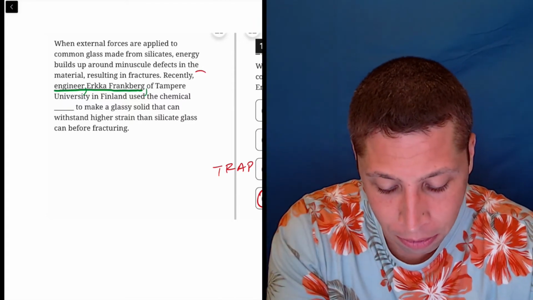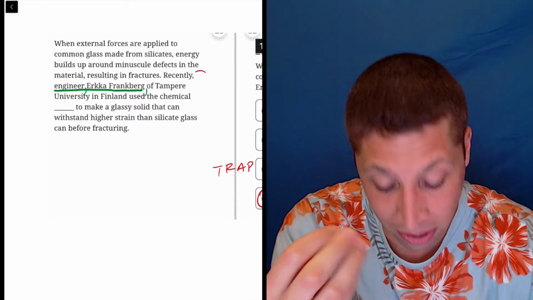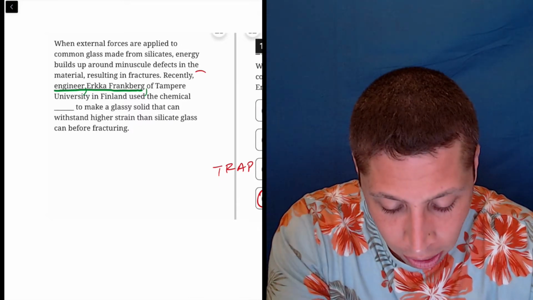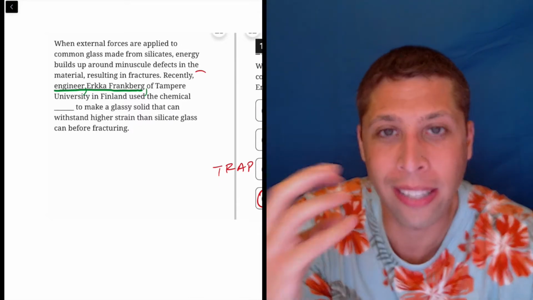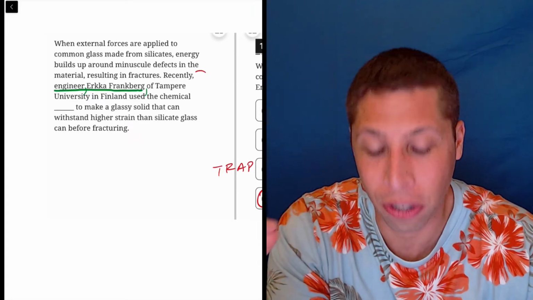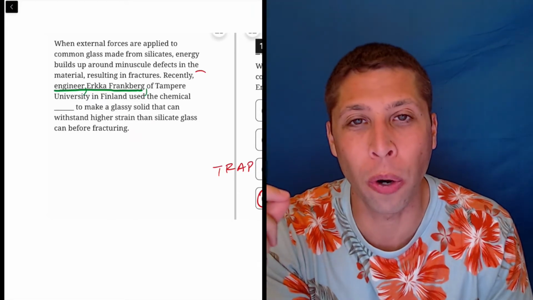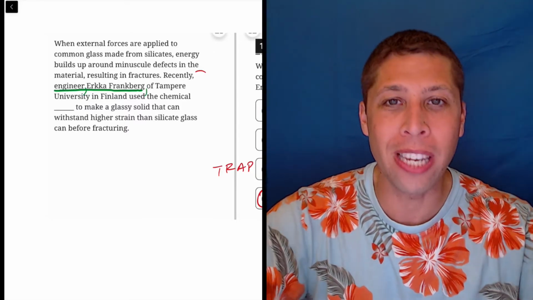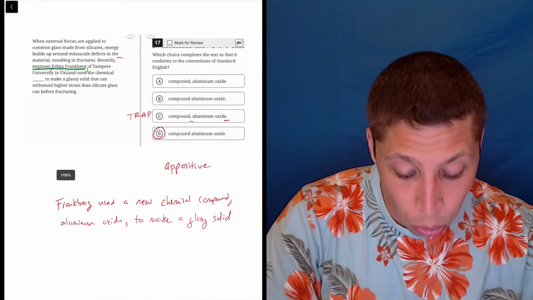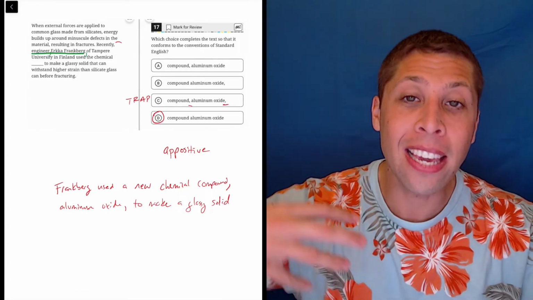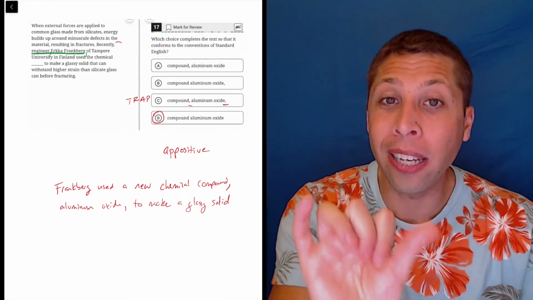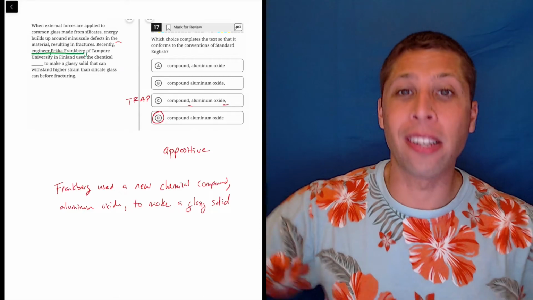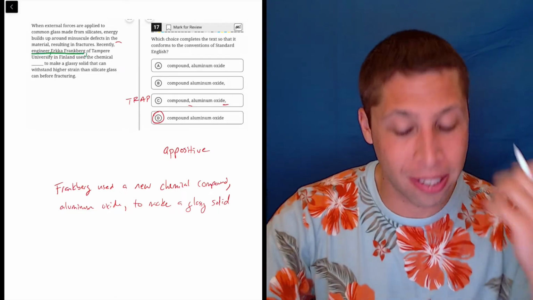Engineer of Tampere University in Finland, or even if it just said recently, engineer used the chemical compound, right? It doesn't make sense if we don't list her name. And so that's why the commas don't work, because the commas are telling us this would be an extra piece of information that we don't need. So you can test this rule a lot by taking the piece that they want to put in commas, removing it from the sentence, reading the sentence without it, and seeing how it sounds.